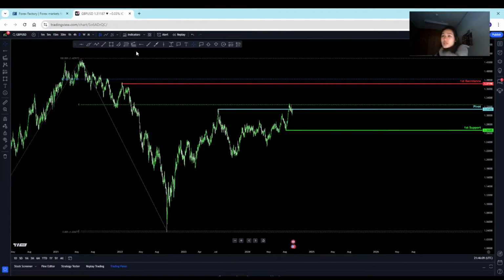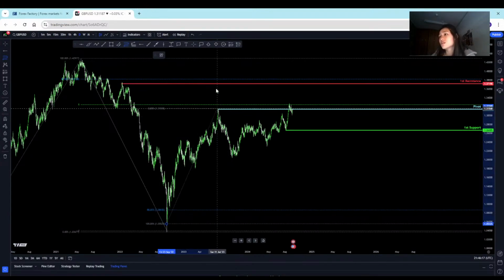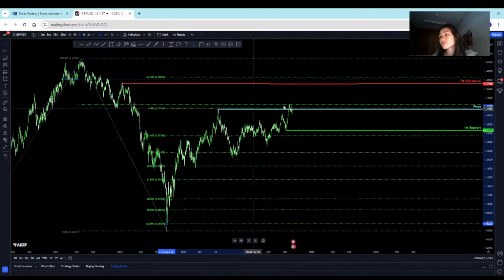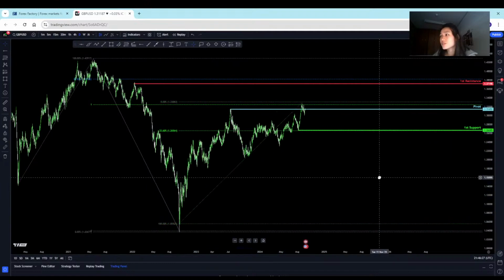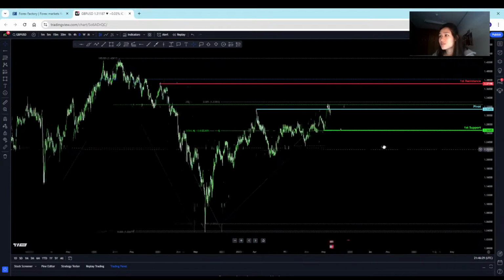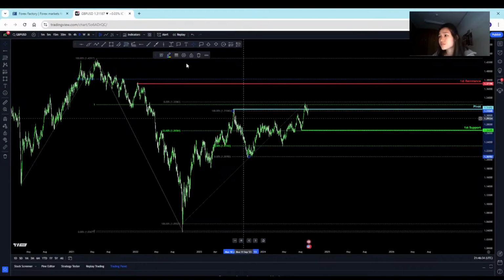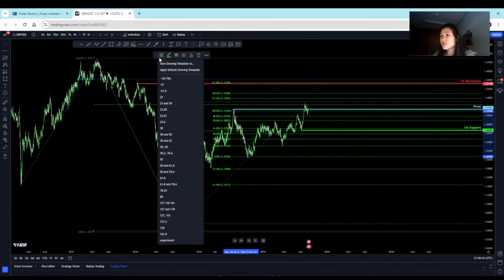Let's see if we have any other levels. We might have a retracement over here. Okay, my 23.6 lines up with my first support. The 161.8 also lines up with my first resistance.